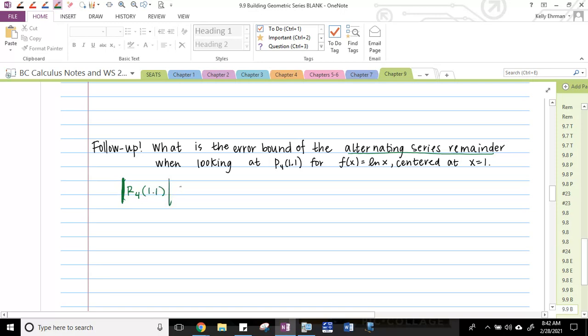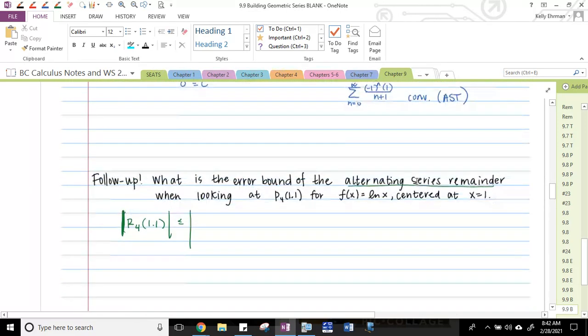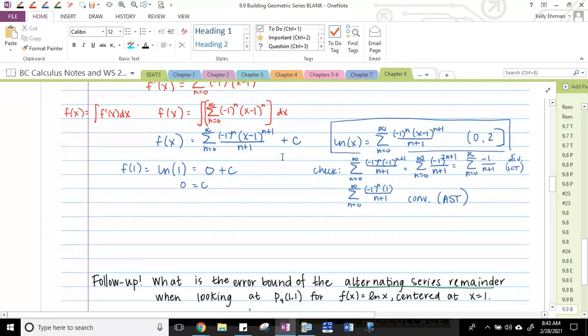Its error bound is less than or equal to absolute value of what? All right, well, there are no 0 terms in this series, right? So we're talking about the fifth term evaluated at 1.1.